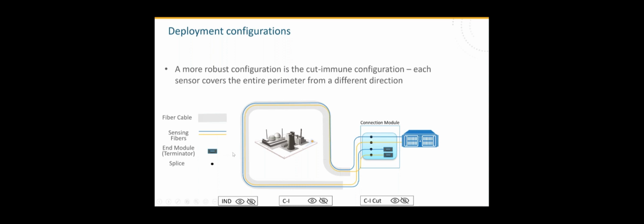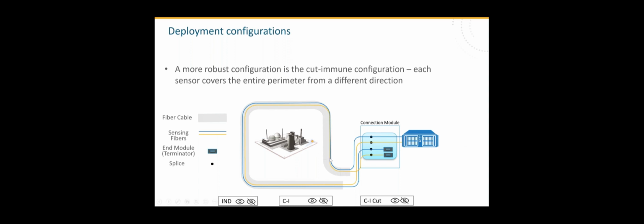So basically, every point on that perimeter is covered with two fibers, and the system is correlating the two responses. It's not giving two alarms to the head-end system when something happens. It recognizes when it's the same location and gives one alarm. So it does that correlation function for alarm management purposes.